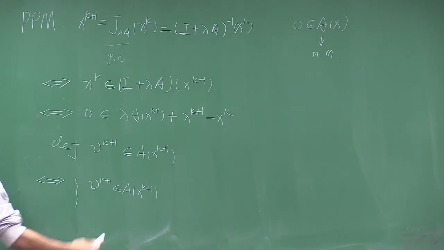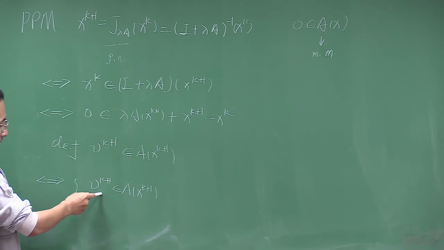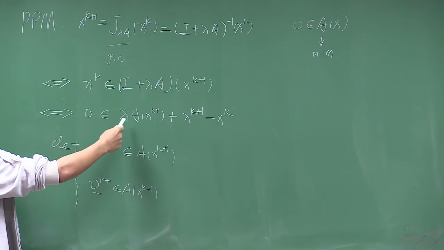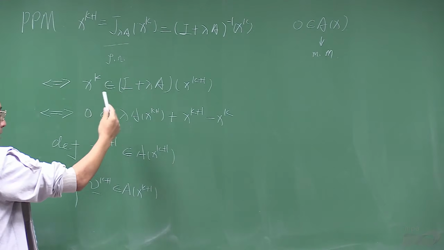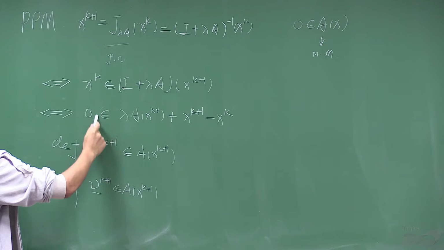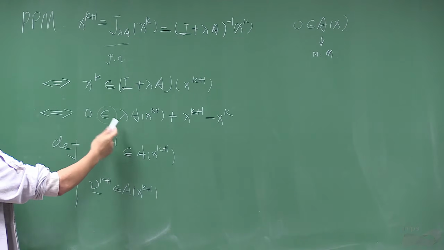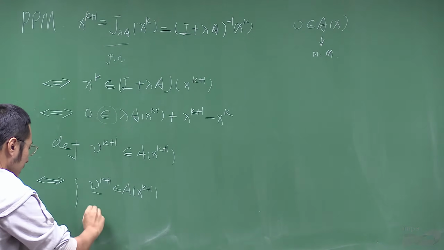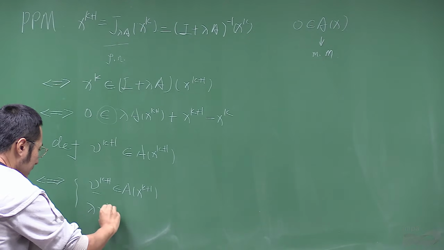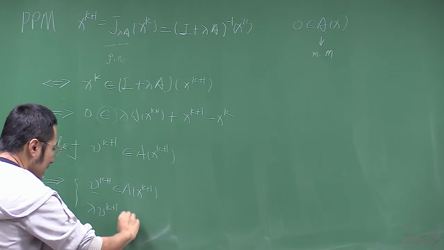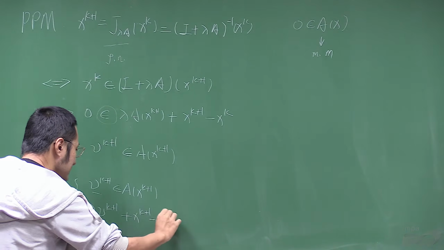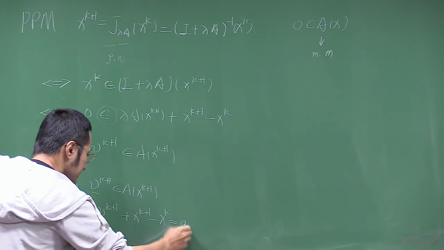And the second step, because vk plus 1 is already a vector, we can use an equality instead of an inclusion: lambda vk plus 1 plus xk plus 1 minus xk equals 0.